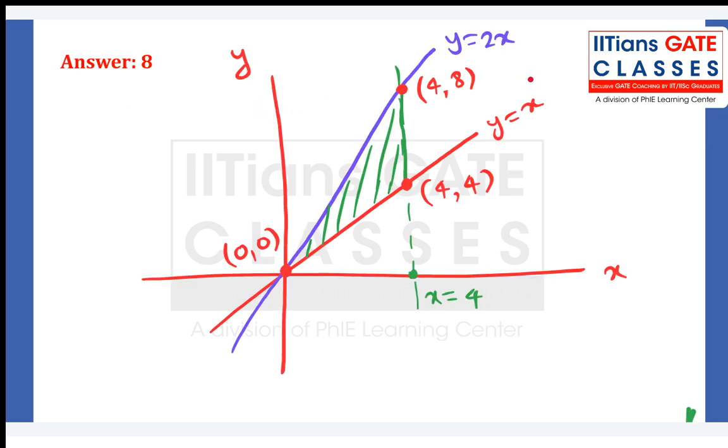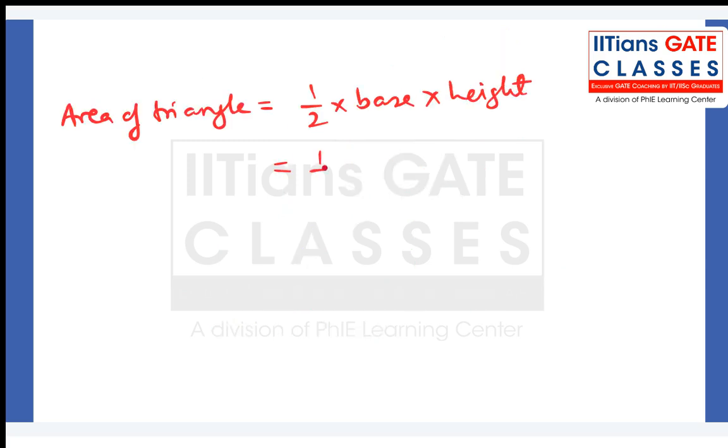If you go back to this figure, what you can do very quickly is consider this as the height and this length as the base. The height is 4 and the base is also 4. Therefore the area will be half into 4 into 4, so that is 16 by 2, that is 8.